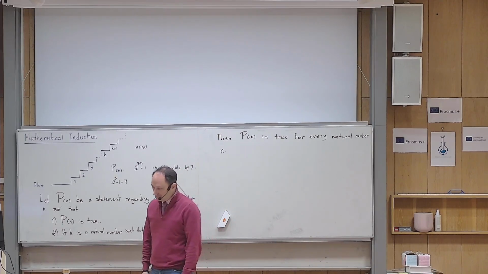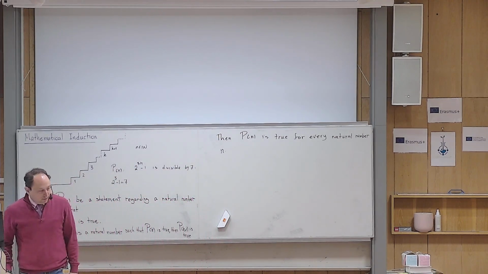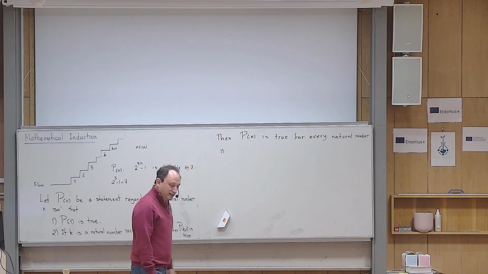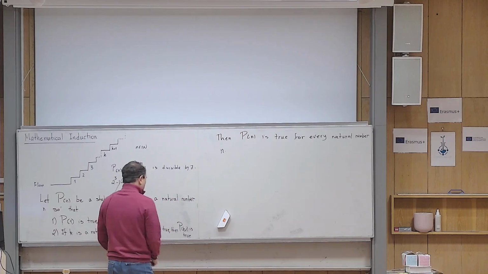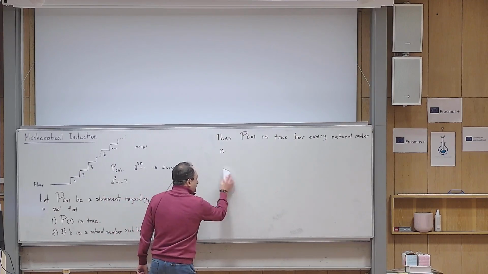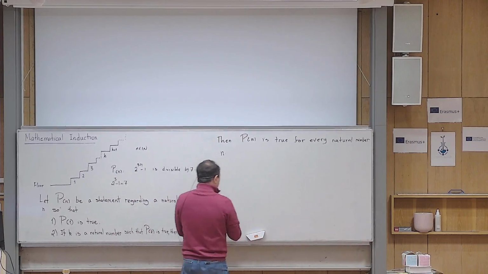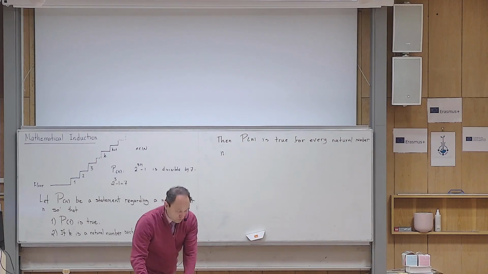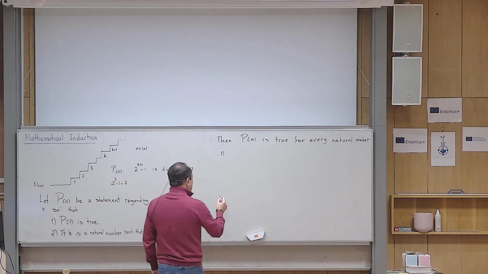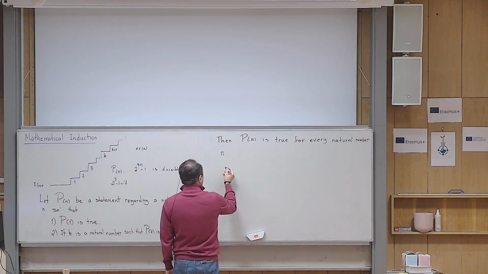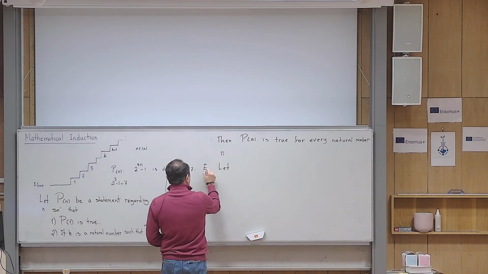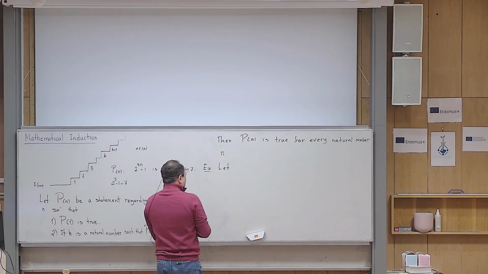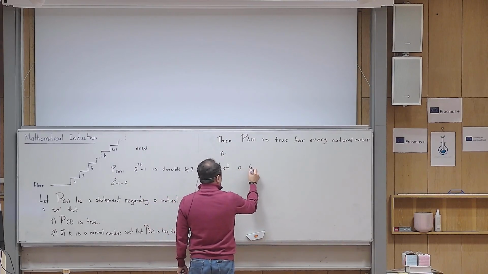Yes? Okay. So, for example, let me give you a very classic example. Every book, actually, when they want to talk about mathematical induction, they usually start from this. We want to prove this using mathematical induction. Let me write it properly. Example: let n be a natural number.